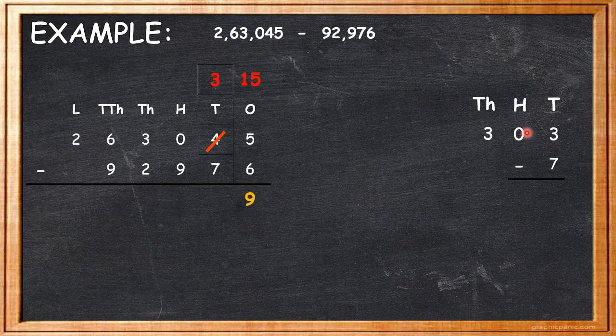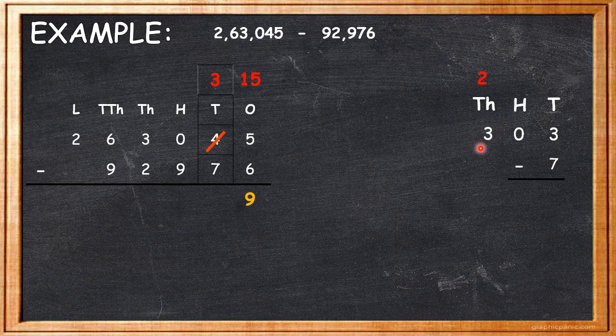So what will happen? Hundreds will go to the thousands house to help the tens column. So hundreds will go to the thousands house and ask for 1000. So can thousands give? Yes, thousands can give because thousands is having 3000. So thousands has given 1000 to the hundreds column.